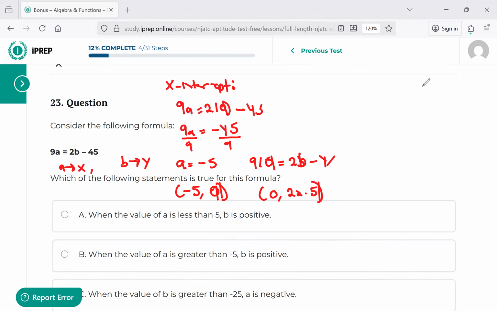So when you graph it, my y is 22.5, so let's go by 5s, 10, 15, 25.